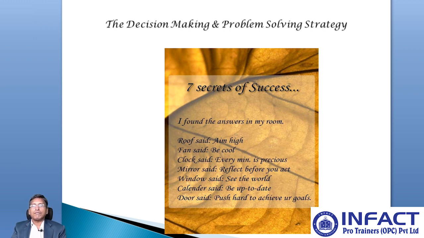So after going through the outcome of each and everyone's findings or performance, now let us have a brief look at the decision making and problem solving strategy. So how to be successful as far as decision making is concerned?